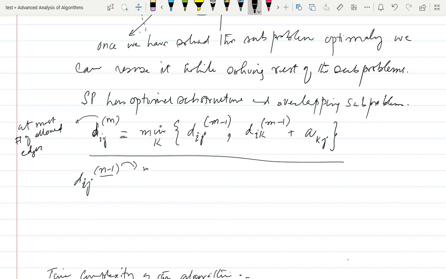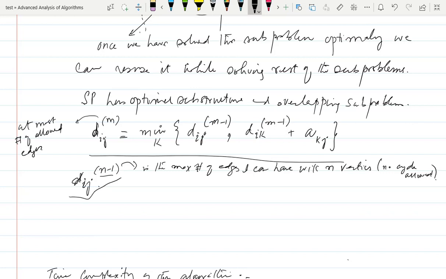This n-1 is the maximum number of edges I can have with n vertices. No cycle allowed, right? So if this is the case, this is the n-1. So Dij n-1 means that I have to find the shortest path between i to j by using at most n-1 edges. So remember that this is our final solution which we want to calculate, right?